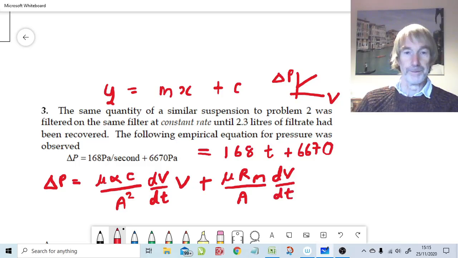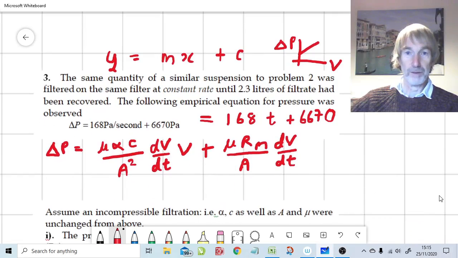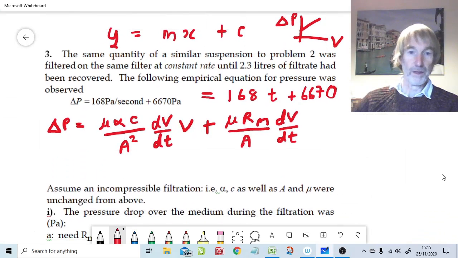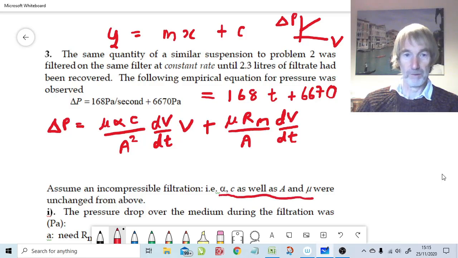So that's what our equation is, and the initial questions are really just answered by looking at that equation and a little bit of thought. We're going to use the values from the previous question, the values for specific resistance, dry cake mass, filter area and viscosity. So we're going to have to refer to those. But the pressure drop over the filter medium doesn't need any of those.